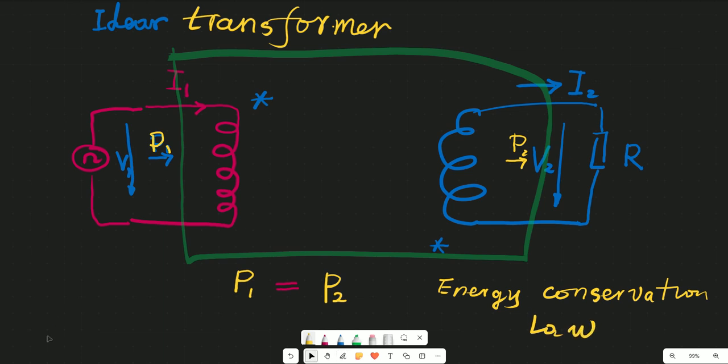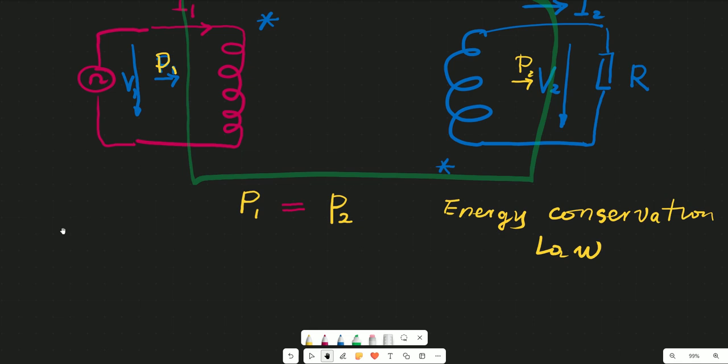However, we can go a little further. The primary will give an electromotive force to the secondary, from 1 to 2.